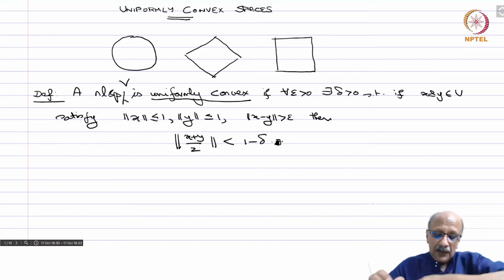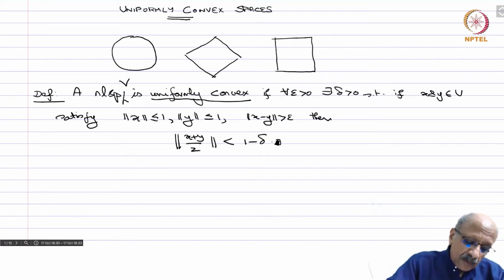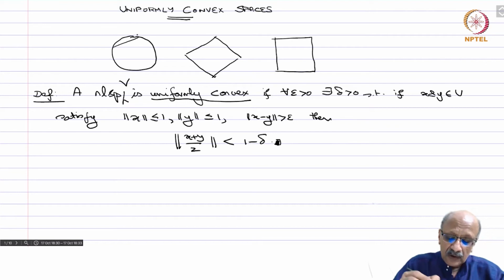Then it says that the midpoint must be away from the boundary in a uniform fashion, irrespective of the positions of the 2 points x and y. As long as the distance between them is bigger than epsilon, the midpoint should be sufficiently far away from the boundary.